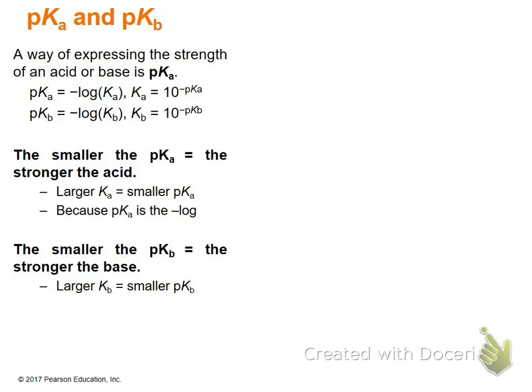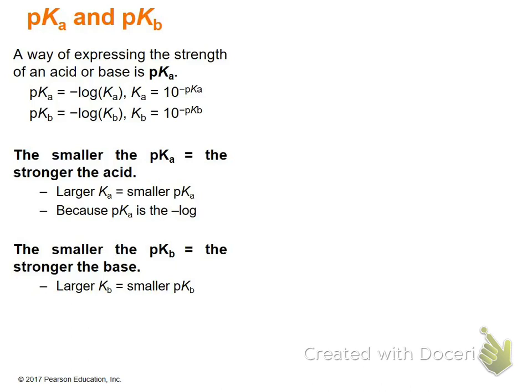Again, pKa is the negative log of Ka, and pKb is the negative log of Kb. And so the smaller the value of pKa, the stronger the acid. The reason is that if Ka is large, then we know that it's a strong acid.